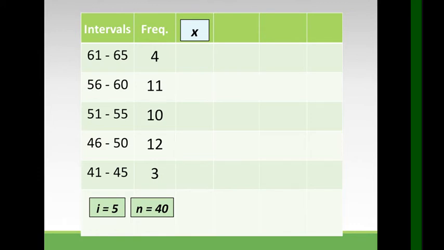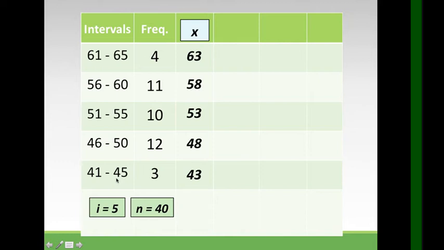So 61 to 65 is 63, 56 to 60 is 58, 51 to 55 is 53, 46 to 50 is 48, and 41 to 45 is 43. By the way, if the given, for instance, is 41 to 44, the middle are the two numbers 42 and 43.